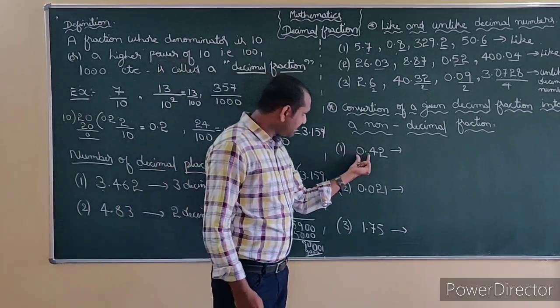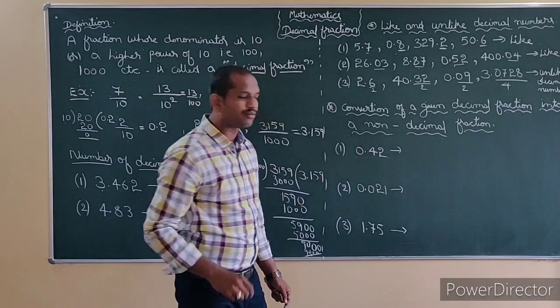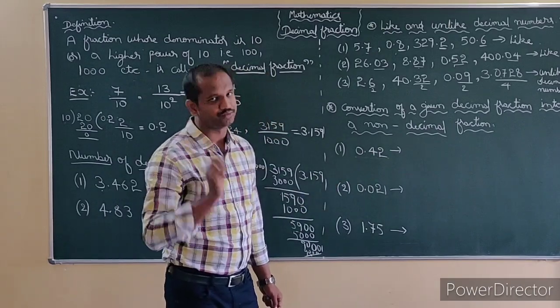Now, in this case, I need to remove the decimal point. If I remove the decimal point from this number, what is it? It is 42.